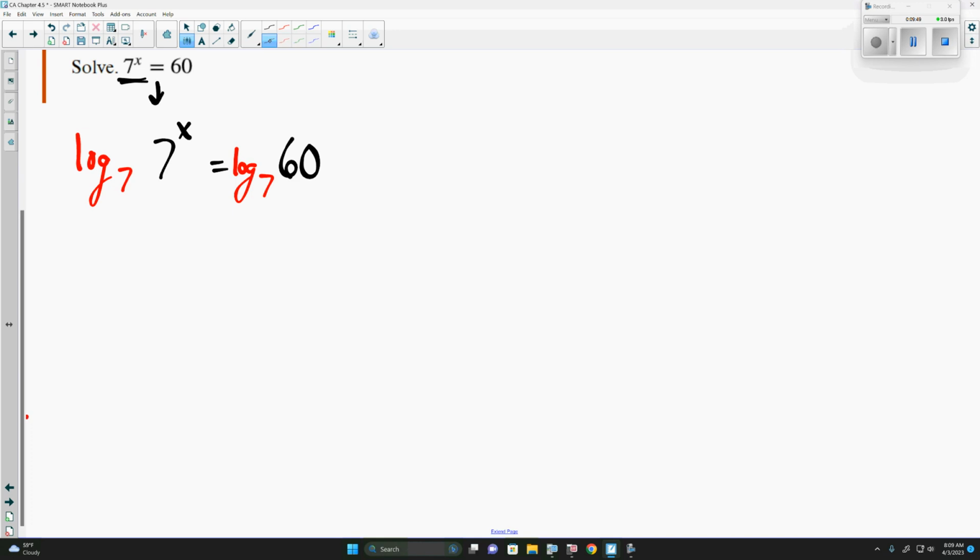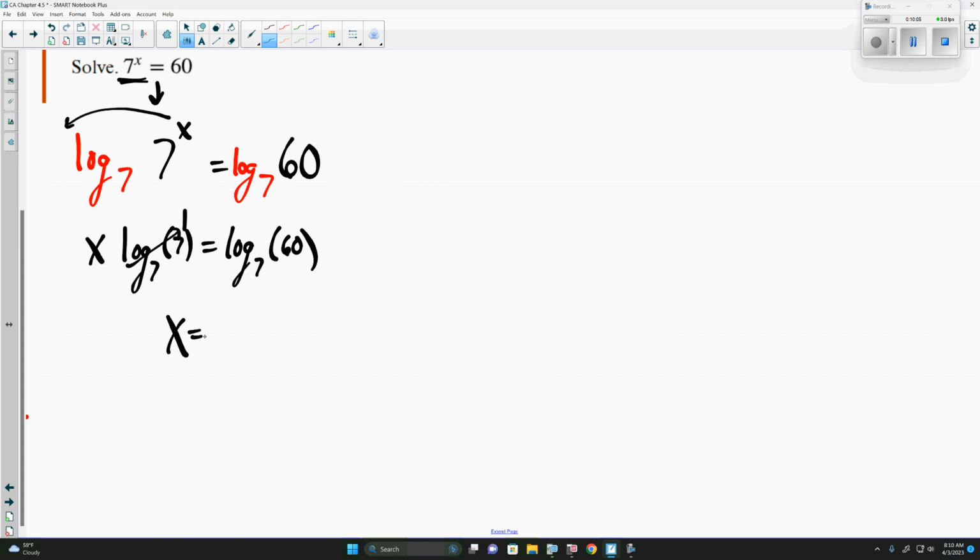And according to the properties of logarithms, we can move the x out front, which gives us x times log base 7 of 7 is equal to log base 7 of 60. Well, log base 7 of 7 is 1. So that just simplifies to x. On the other side, we have log base 7 of 60.